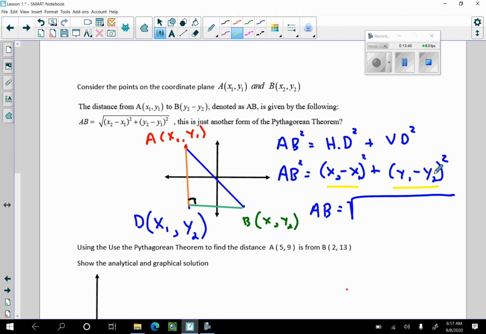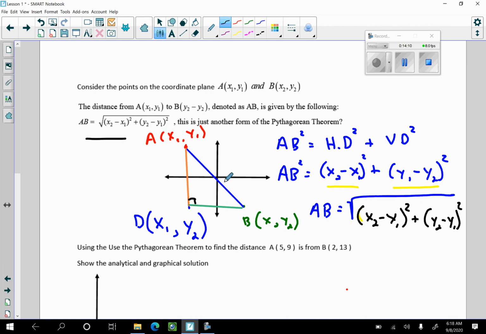The vertical distance is y sub 1 minus y sub 2, but that's the same as y sub 2 minus y sub 1 once you square it. So for my distance formula, I'm just going to write it as x sub 2 minus x sub 1 squared plus y sub 2 minus y sub 1 squared. And that's the distance formula.